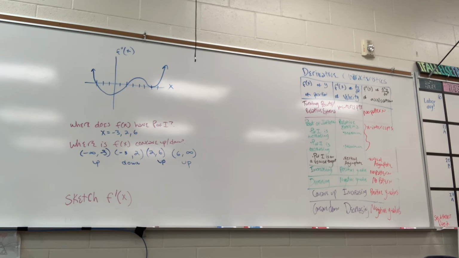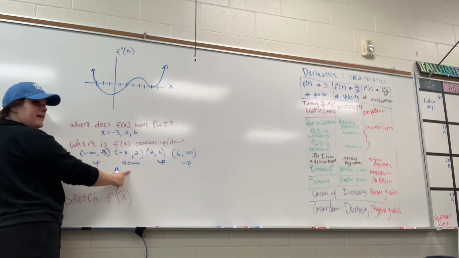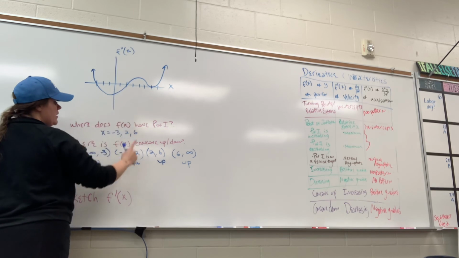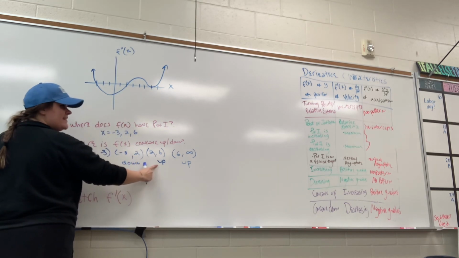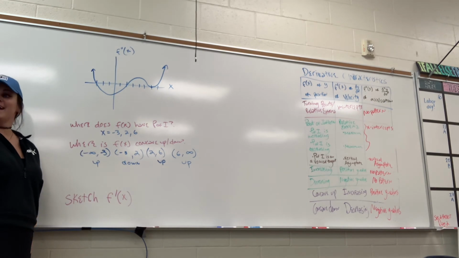The definition of point of inflection is where the concavity changes. Look, at negative 3, my concavity changes, right? At 2, my concavity changes. Does my concavity change at 6? No. So it cannot create a point of inflection.